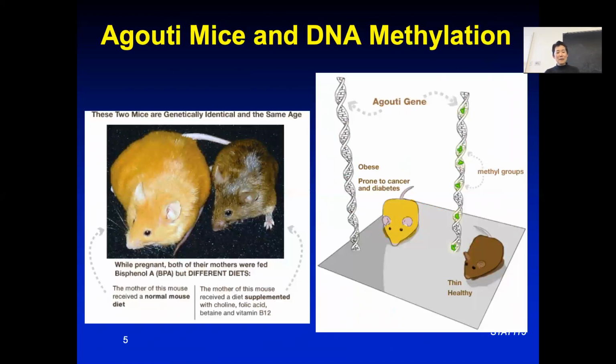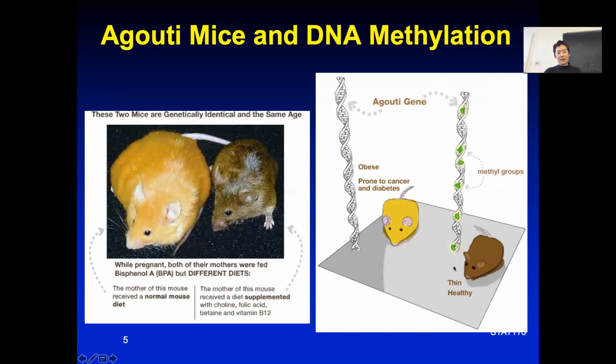Another case of epigenetics was discovered in the mouse. When the mother mice are pregnant, you can feed them a different diet, either a methionine-rich diet or a methionine-poor diet. When you have methionine, the DNA at certain locations will get methylated because you have the methyl group.